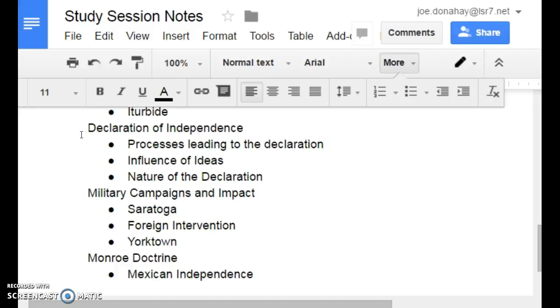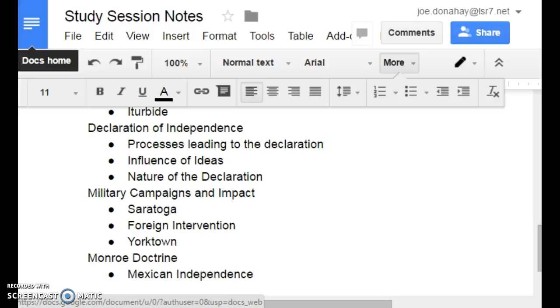So, with the processes leading to the Declaration, we'll start with the Second Continental Congress. In 1775, the Second Continental Congress began to meet and issued the Olive Branch Petition in July of 75, calling for negotiation with the Crown, calling for a redress of their grievances.